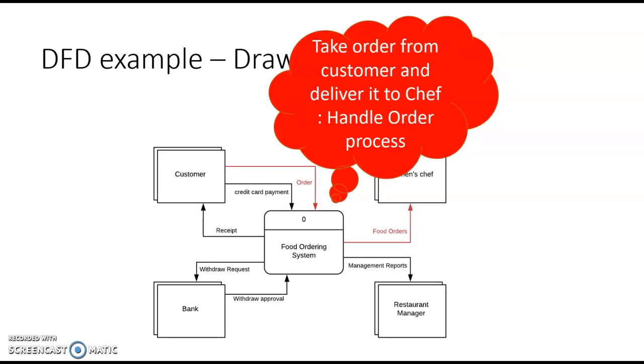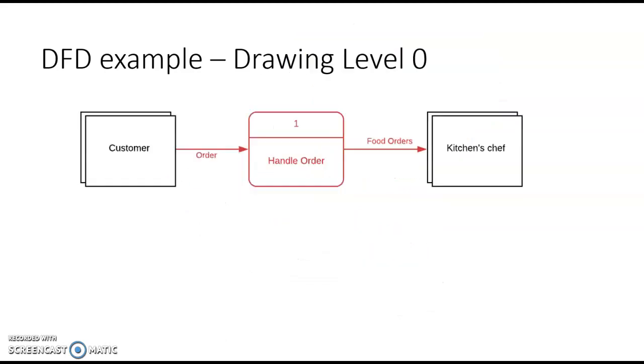So I need to create a process called the handle order process, and then put all of these data flows to it. It will be like that: the handle order process, with order going in as an input for this process, and food order going out of this process.